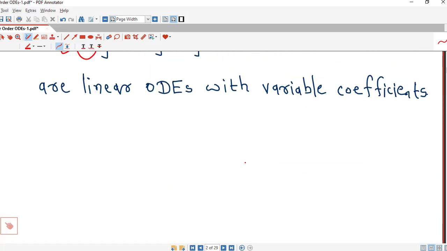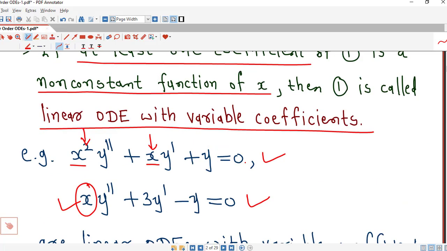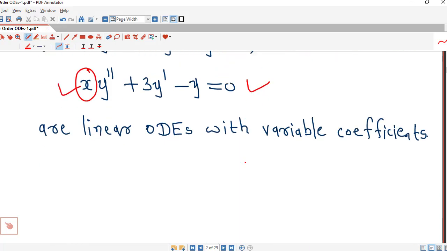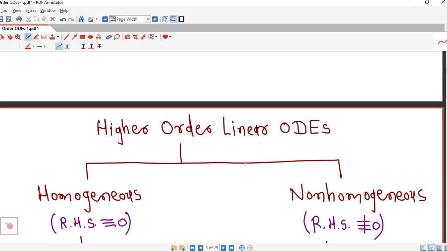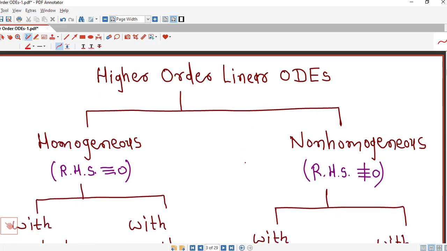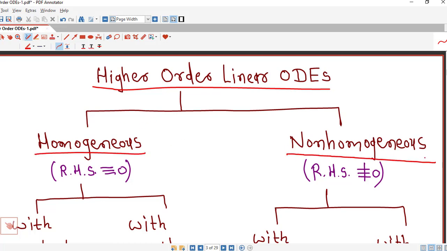So we will remember all these things to understand the methods of solving second and higher order ordinary differential equations. Again we revise. We are going to study higher order linear ordinary differential equations. So again we have two types, homogeneous and non-homogeneous.